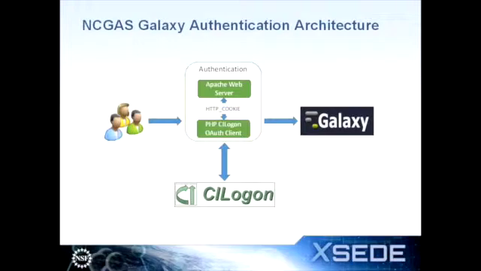Based on the authenticated user information, the PHP CILogon OAuth client would forward the username through an HTTP cookie variable to the Apache web server, and through the Apache mod_rewrite rule, it will be proxied to the Galaxy server running in the backend. The modules highlighted in the green box in this diagram are the part that we developed and contributed to the project.